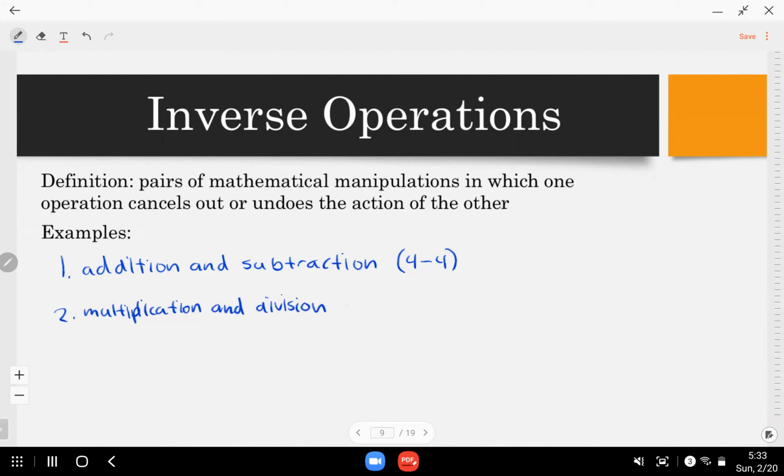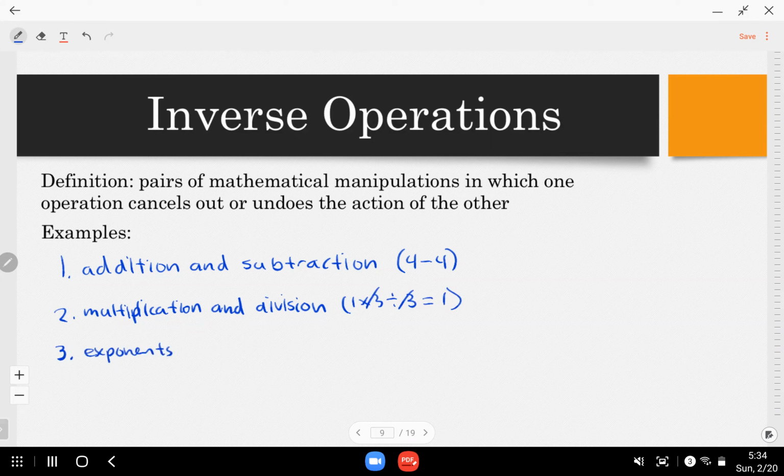Give me an example. 3 divided by 3. 1 times 3 divided by 3 cancels out, equals 1. There we go. Exponents and roots.